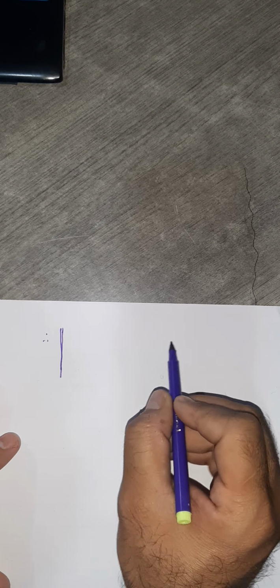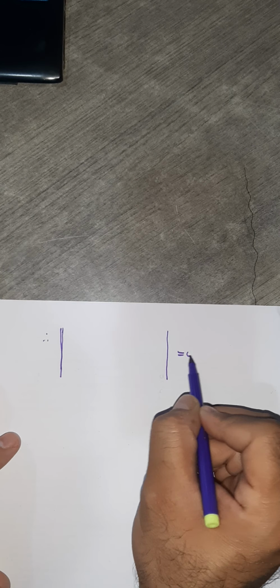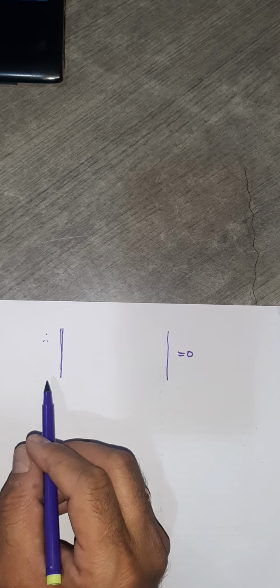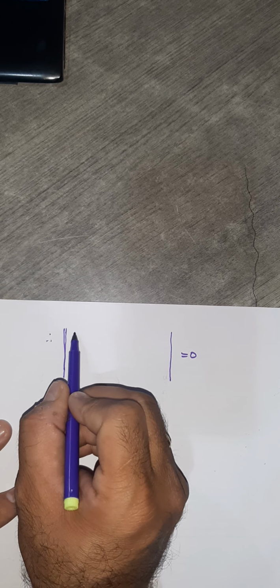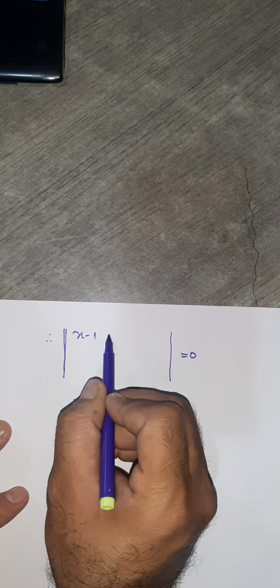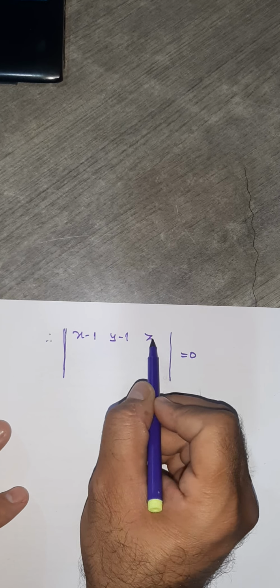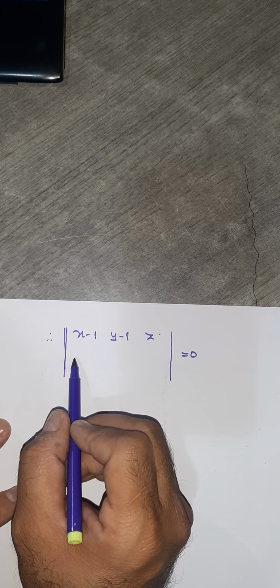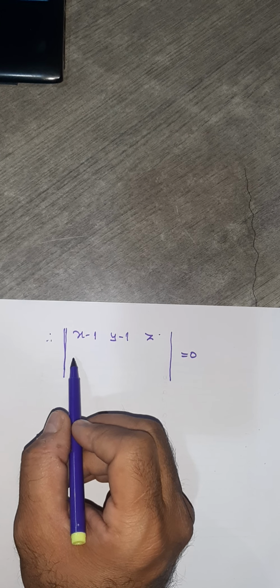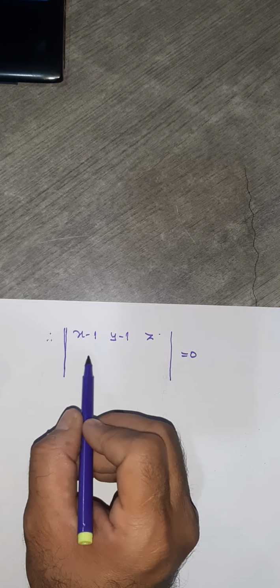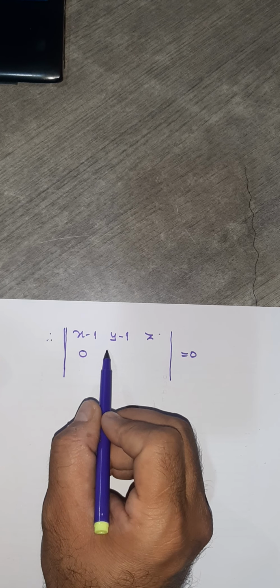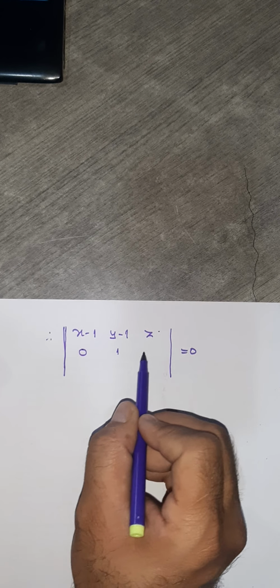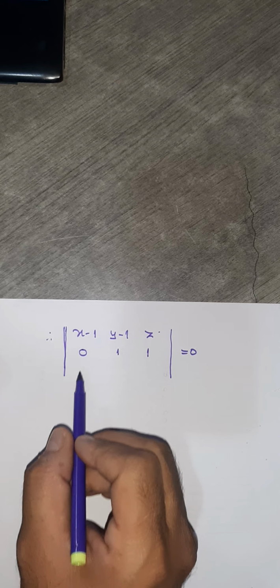So what's the first row? That is r minus a. R means x, y, z. So x minus 1, y minus 1, z minus 0, which is z. What's the second row? B minus a, which is 0, 2 minus 1 which is 1, and 1 minus 0 which is 1.